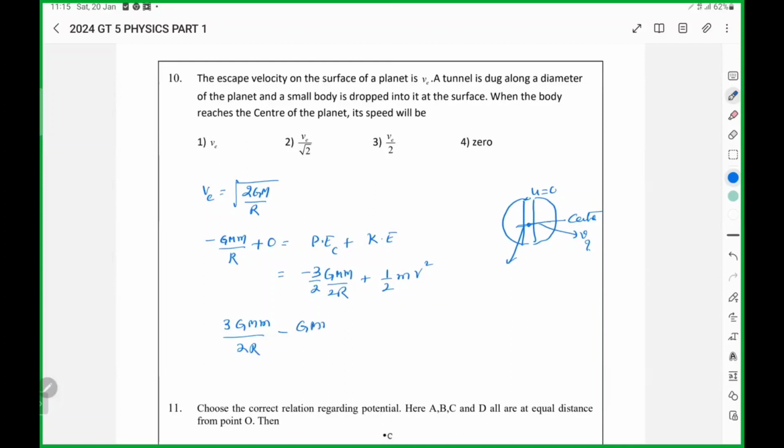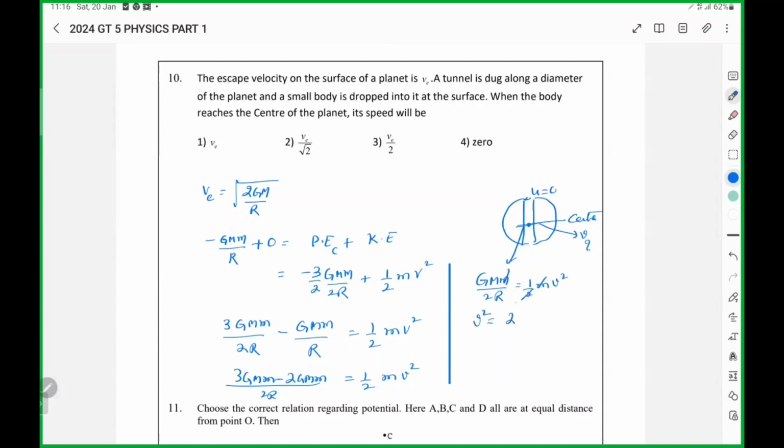Minus G M m by 2R is half m v square. G M m by 2R is half m v square.